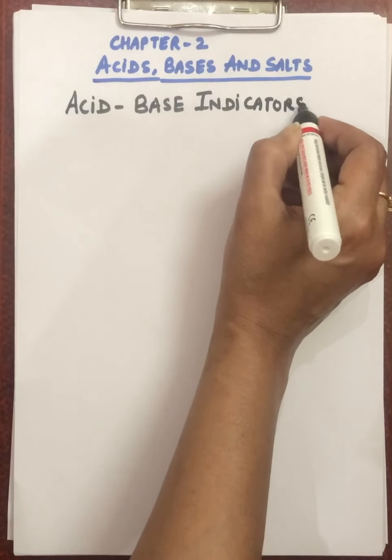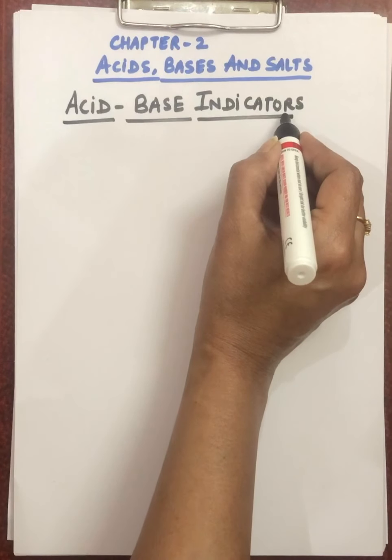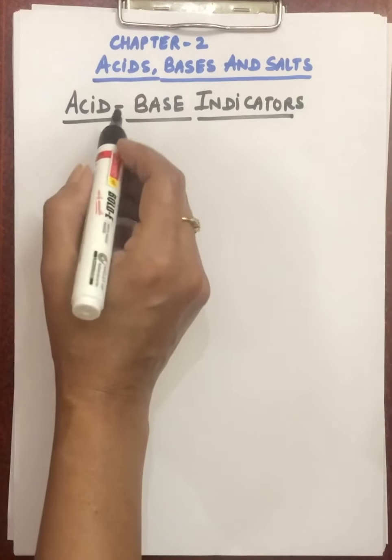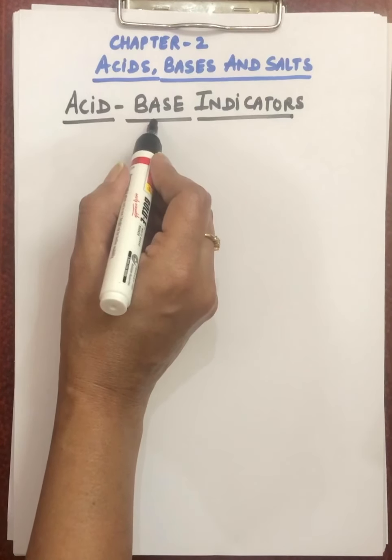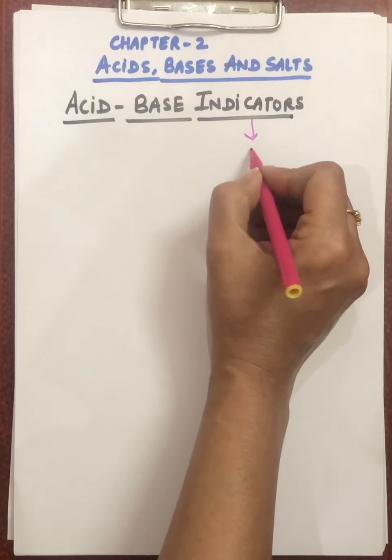Now again, from the name it's clear, an indicator is a substance which indicates that the given substance is acidic or basic in nature. Actually, indicators are dyes.